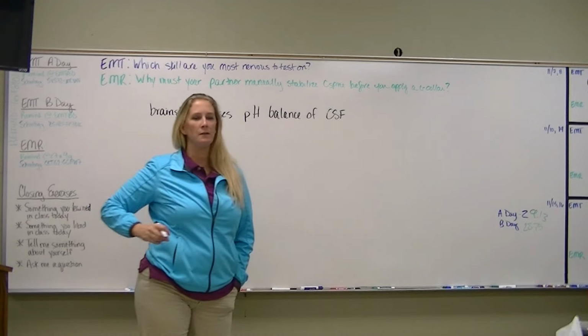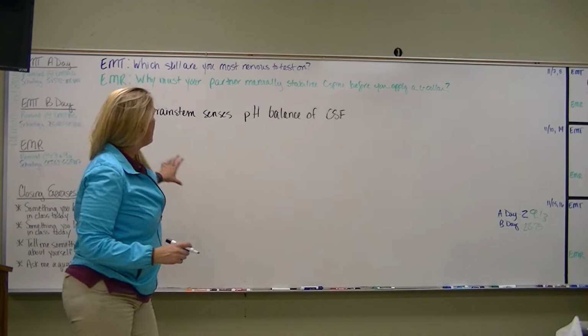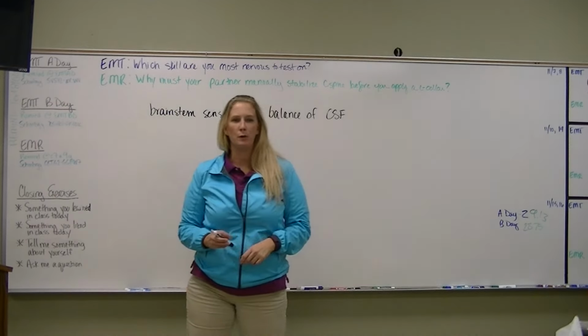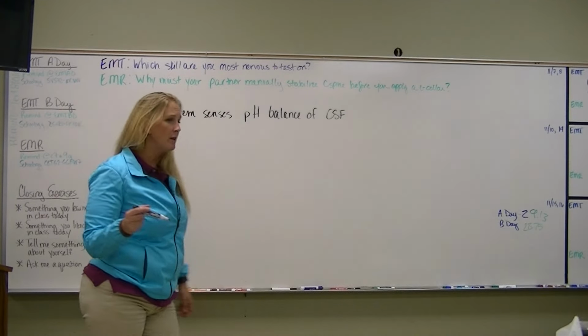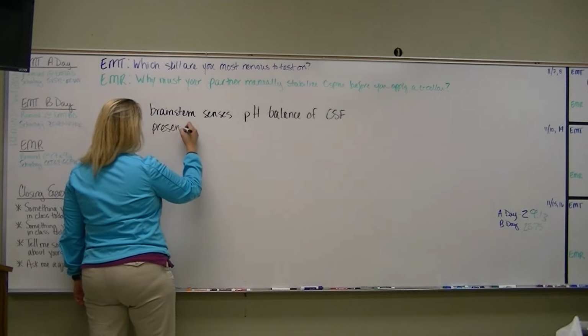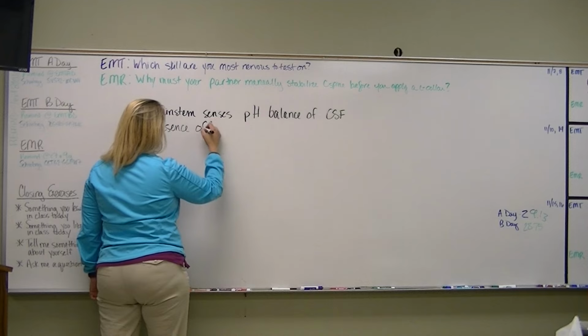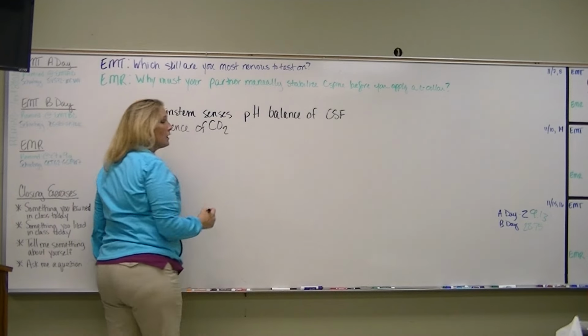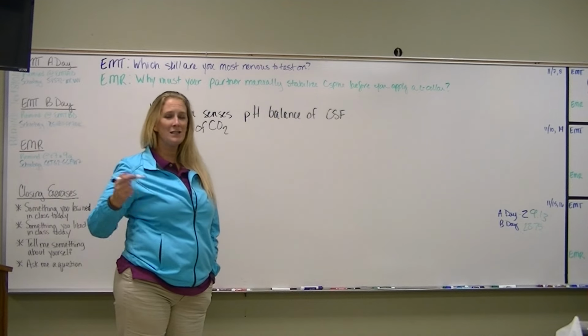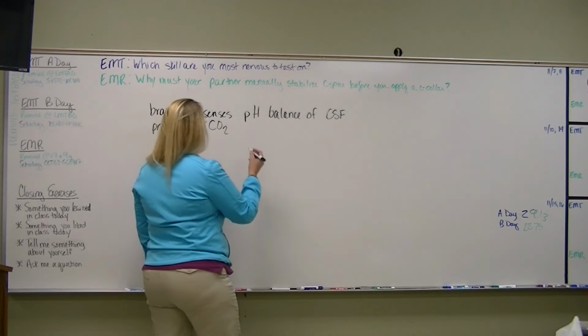CSF is cerebrospinal fluid. Okay? So your brainstem senses the pH balance or the pH levels of your cerebrospinal fluid. And the presence of carbon dioxide causes your cerebrospinal fluid to be acidic.